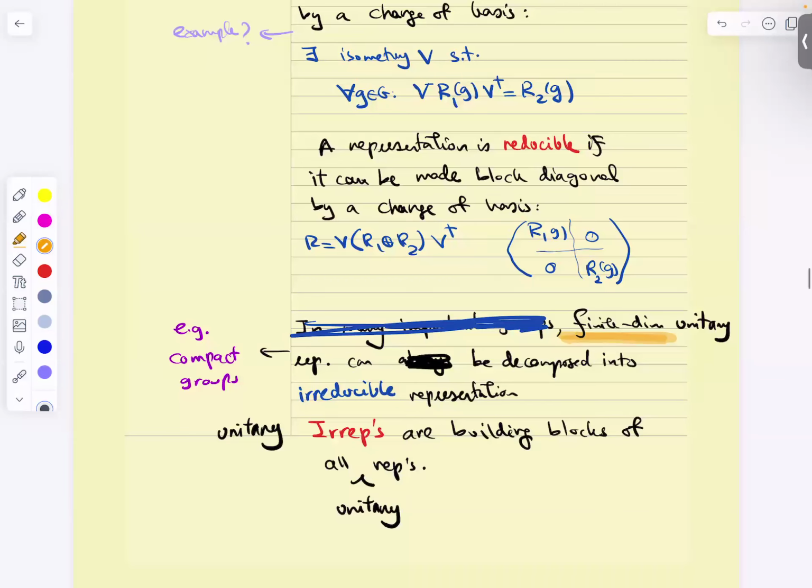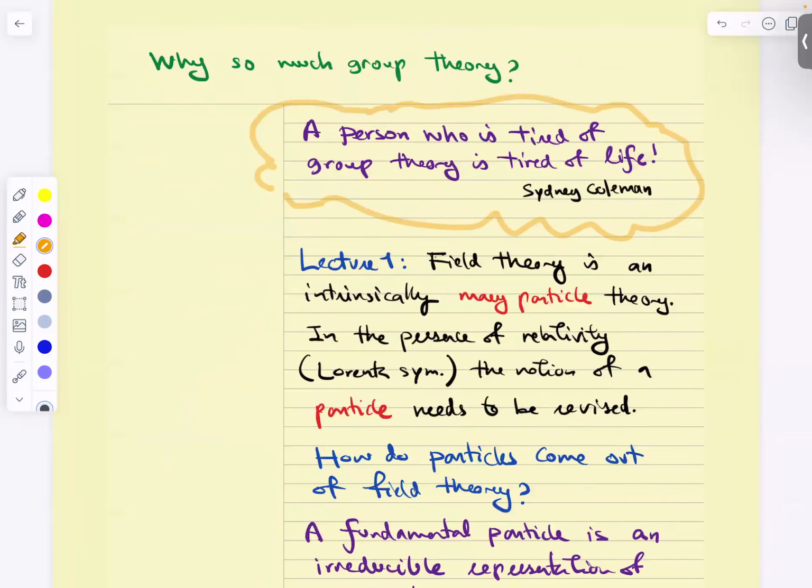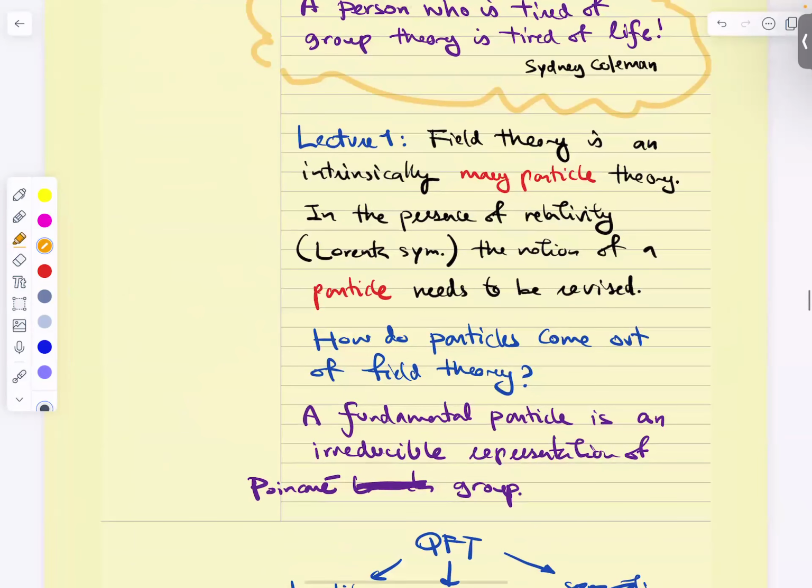Good. All right. So why so much group theory? Here's a quote by Sidney Coleman: a person who's tired of group theory is tired of life. Field theory is an intrinsically many particle theory. In the presence of relativity, we argued Lorentz symmetry tells you that the notion of one particle is doomed.